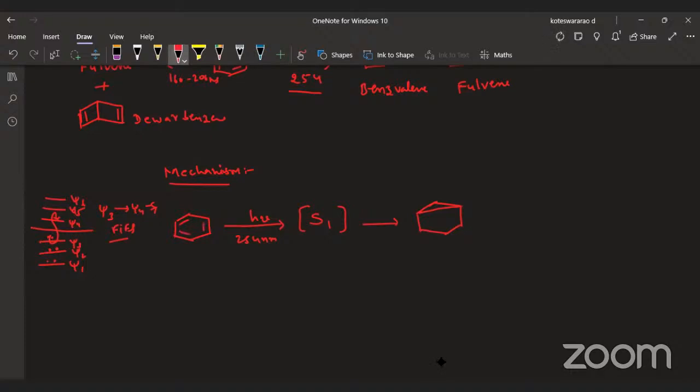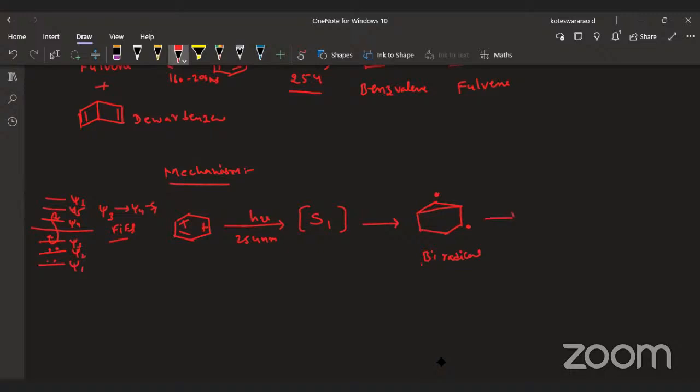Now this pi electron bond will be broken down, and this bond will be broken down. These two carbon electrons combine together to produce a bond, and a diradical system is generated. This biradical derivative or biradical transition state, these two radicals are combined together.